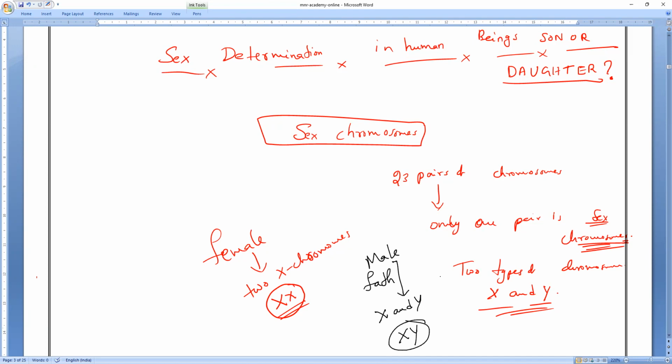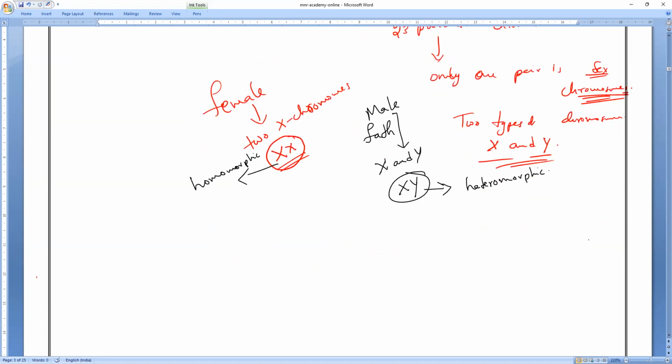Okay. So mother XX, same, that is why we can say homomorphic. And father XY, we used to say heteromorphic. Same as homogeneous or heterogeneous, like we'll study in chemistry, the same thing. So the remaining, in the mother, female contains actually 23.